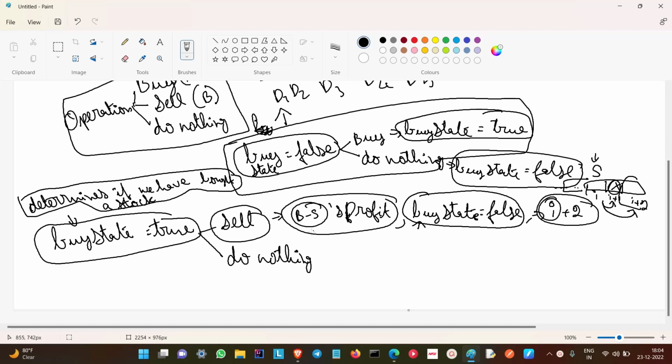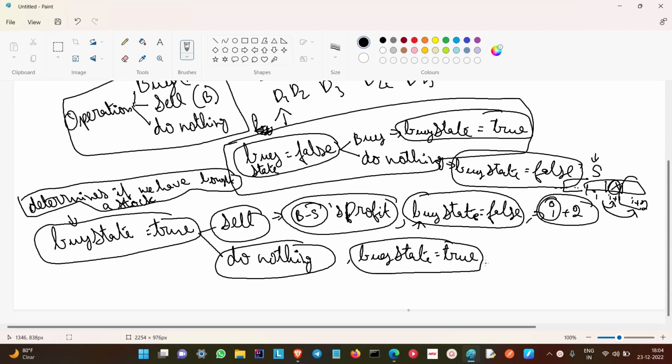When we do nothing, the buy state will remain true since we haven't sold the stock which we have bought, and we'll move to the next index. This is the scenario for the case in which buy state is true.